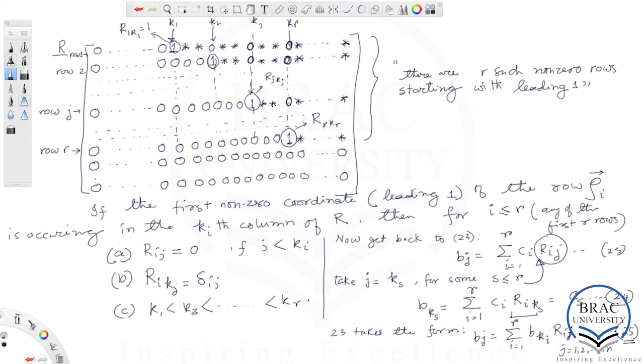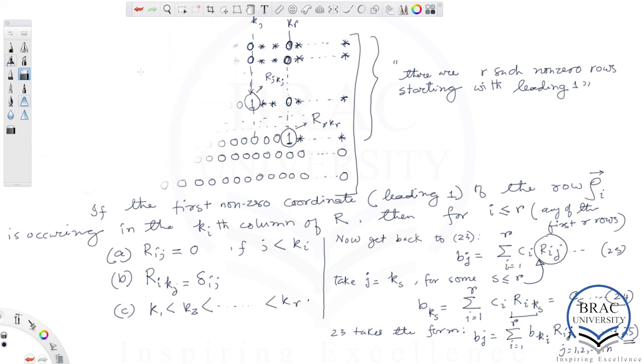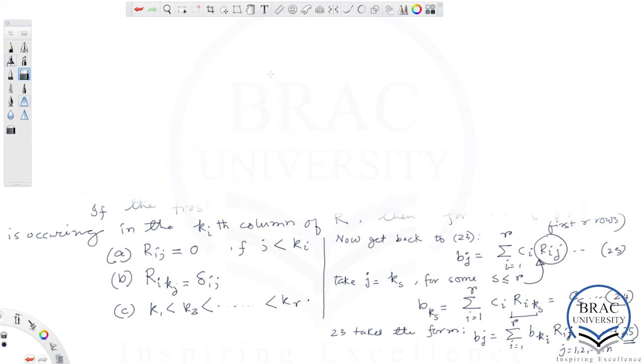Okay, so I can erase this long form of the row-reduced echelon matrix. The goal was to reach equation 25.